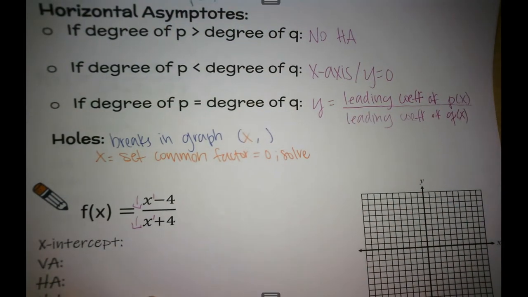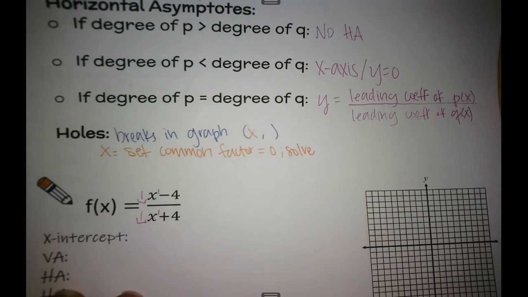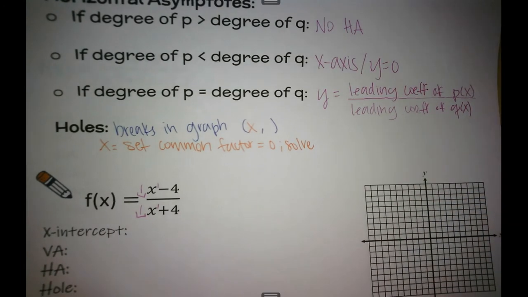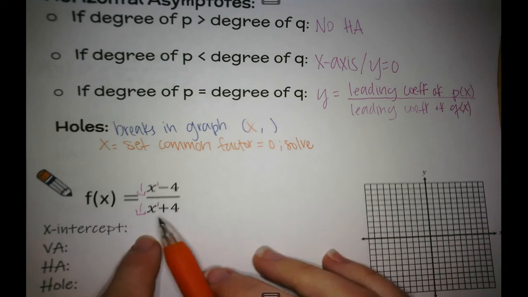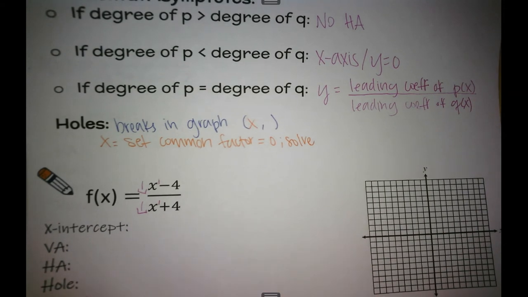So let me back up. Holes are going to be where, remember when we were simplifying rational expressions, and if we had the same thing on the top and the same thing on the bottom, we cross those out. Those are common factors. So if we have any common factors on the top and the bottom, then we're going to have a hole somewhere, and this is how we find it. Looking at that first example, we do not have common factors. That top and that bottom, they're completely different. There's no holes.